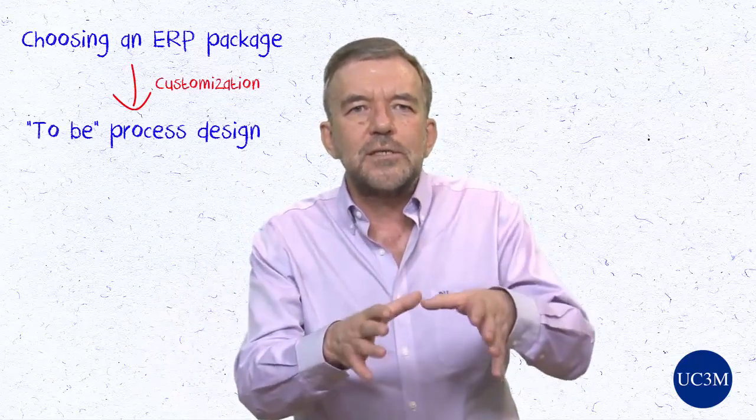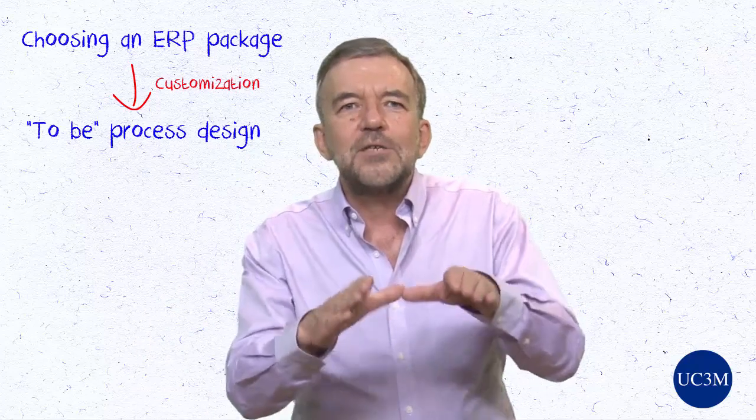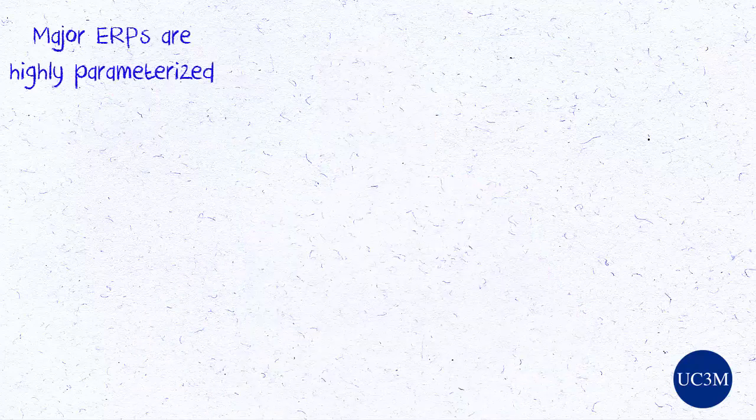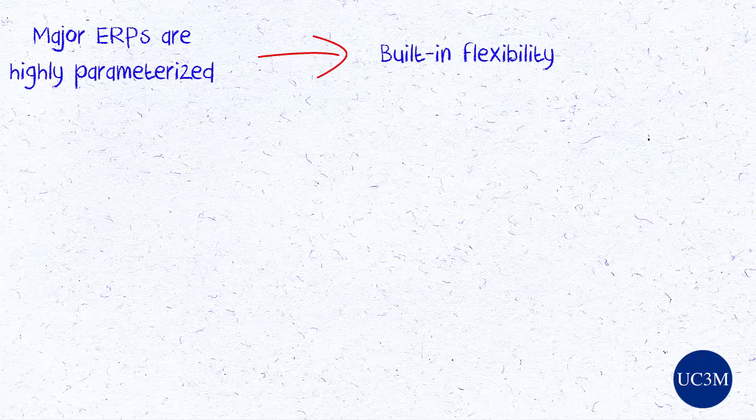Once an ERP package has been selected, the company can start the process of tailoring or customizing it to its specific needs. That is, to bring it closer to the desired to-be business process design. Fortunately, the major ERPs are highly parameterized. This means that they have invested heavily in built-in flexibility.